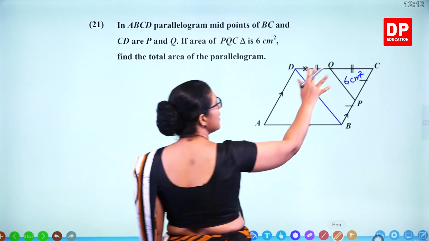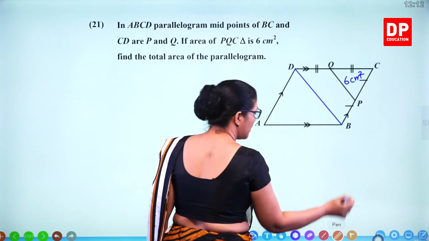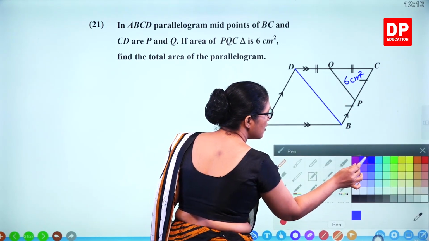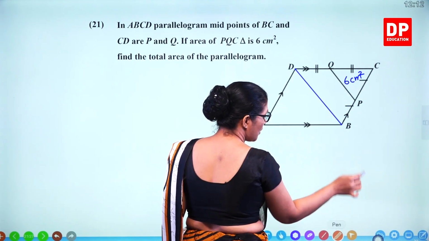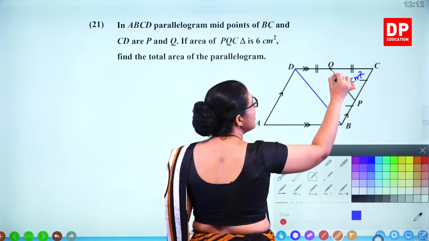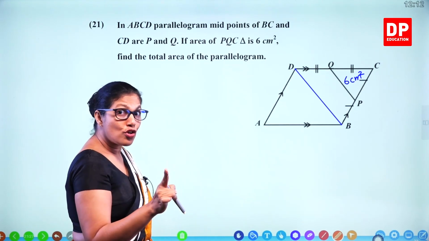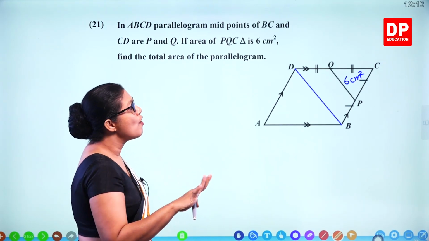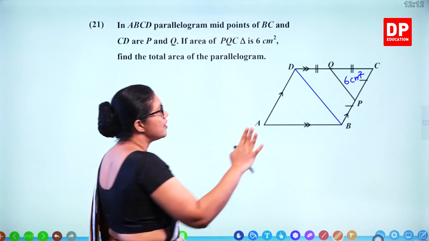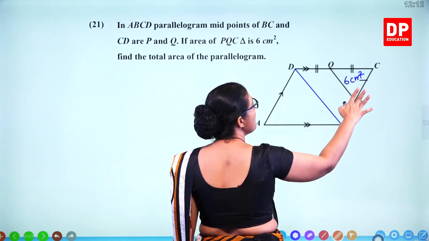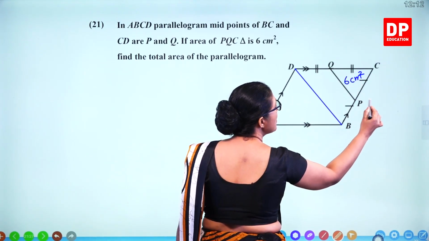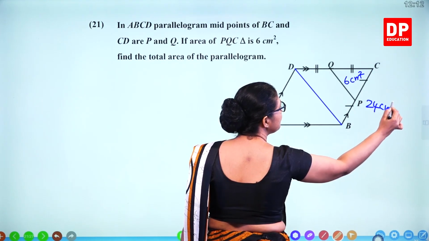The whole thing area is what? Multiplied by 4. Why is that? Base is also doubled. Height also doubled. So it becomes 4 times. So this whole thing becomes 6 times 4, 24 square centimeters.